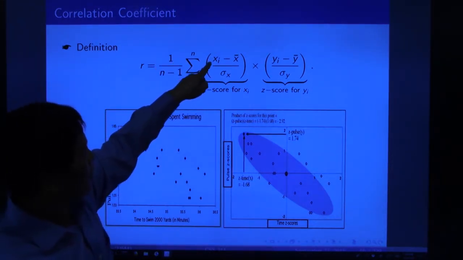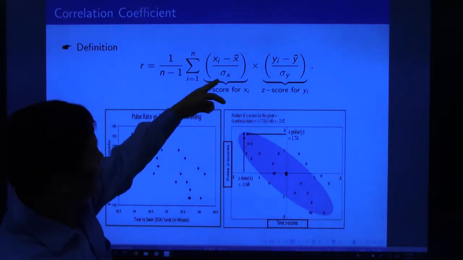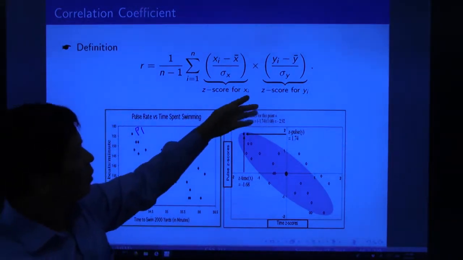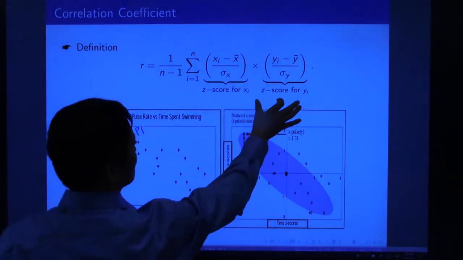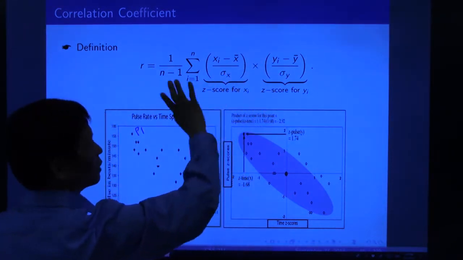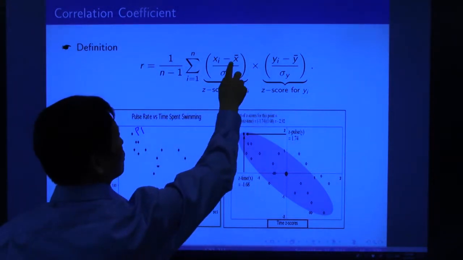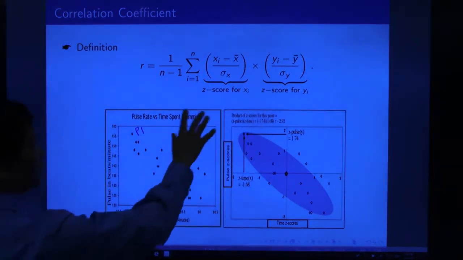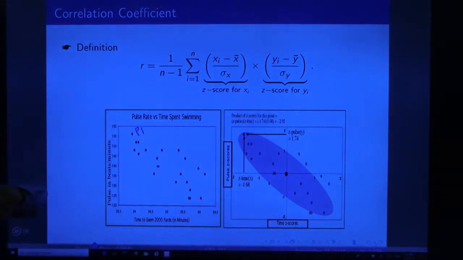When i equals 1, that is x1 minus x bar, which is the mean of the x data set, divided by sigma x, times y1 minus y bar, divided by sigma y. These two multiply together. So this is the z-score for x1, this is the z-score for y1, multiplied together. So this is the product for the first point. Then when i equals 2, we do x2 minus x bar over sigma x, times the second term, to get the second product. Then we calculate the sum of all these products, add them up together, then divide by the total number n minus 1. So this is called the correlation coefficient.